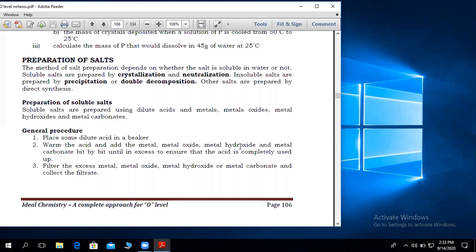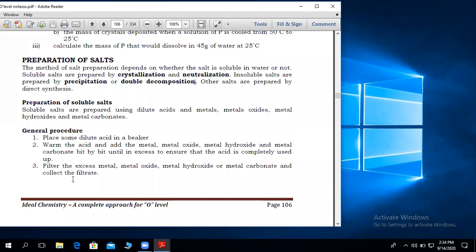Then the dilute acid should be nitric acid. Use any acid that contains a nitrate because you are preparing copper 2 nitrate. If you are preparing lead 2 nitrate, then you should use an oxide of lead, and the acid should be nitric acid. That's what we mean.